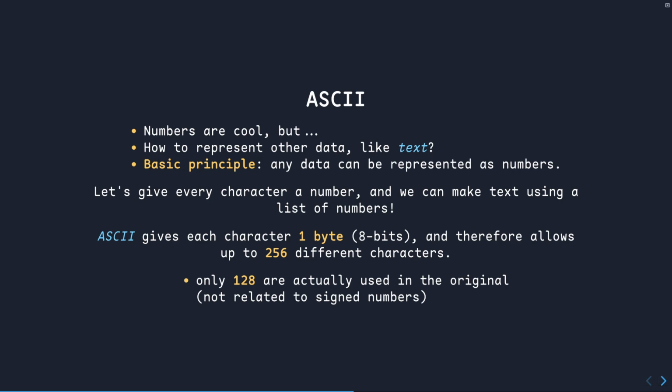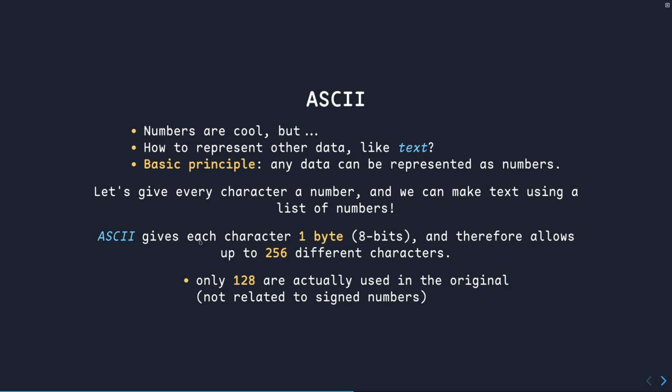By using indexing or some other principle, you can turn every single piece of data, however complicated it might be, into some collection of numbers. So for text, let's just give every character a certain number. Just make a lookup table where number 1 corresponds to the letter A, something like that. And then we can make a text using a list of numbers, basically.